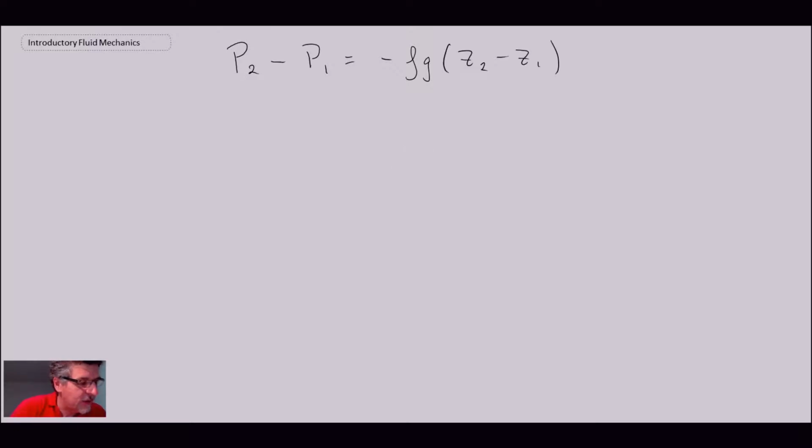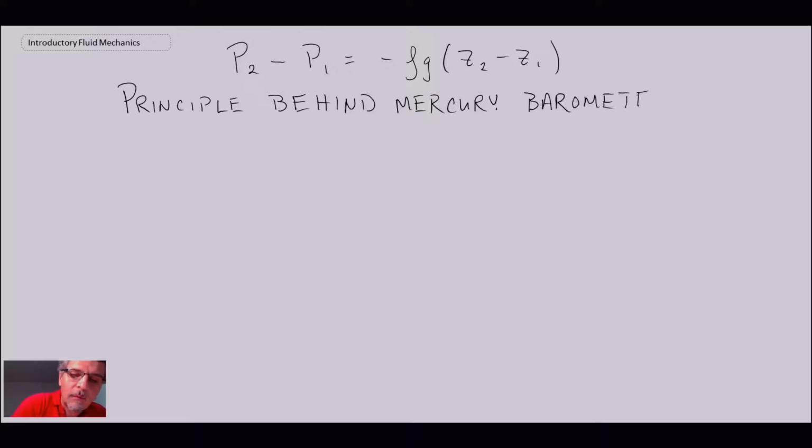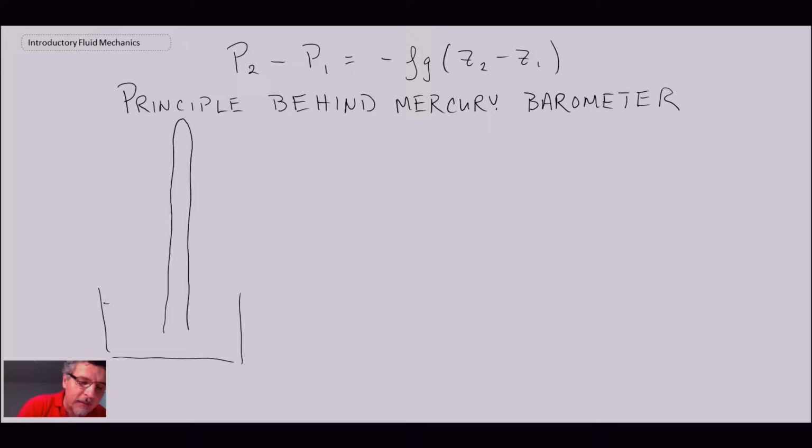So let's take a look at the principle behind the Mercury Barometer. Typically what we have is a container with mercury in it, and usually what they'll do is put a glass tube in there and invert it. So we'd have mercury like that.